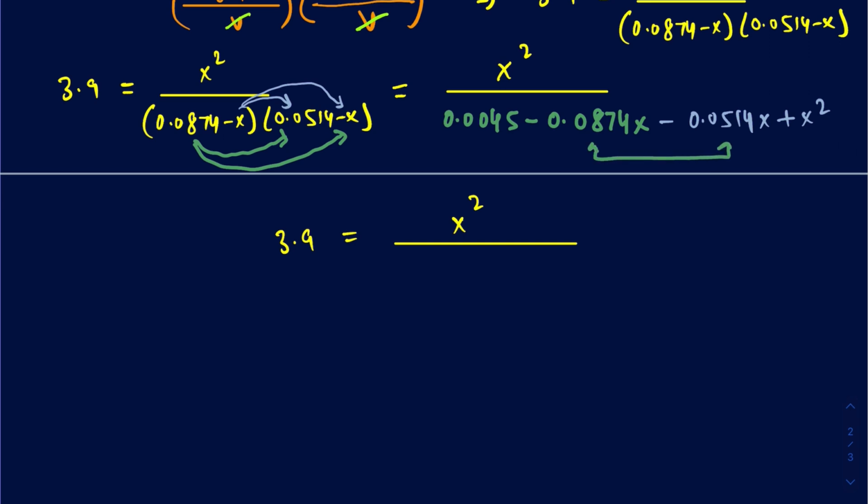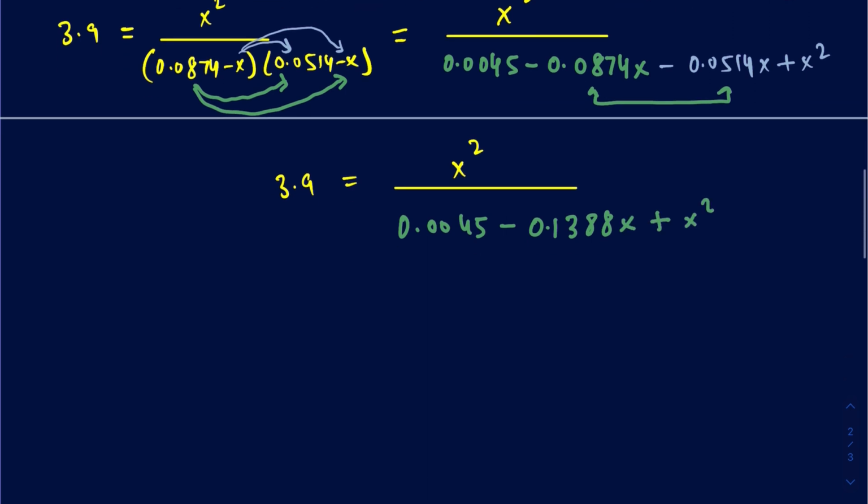And then that will give me, so that would still be 0.0045, and that would be 0.0874 plus 0.0514. So it's going to be 0.1388x plus x squared. So now I can multiply both sides by this number.